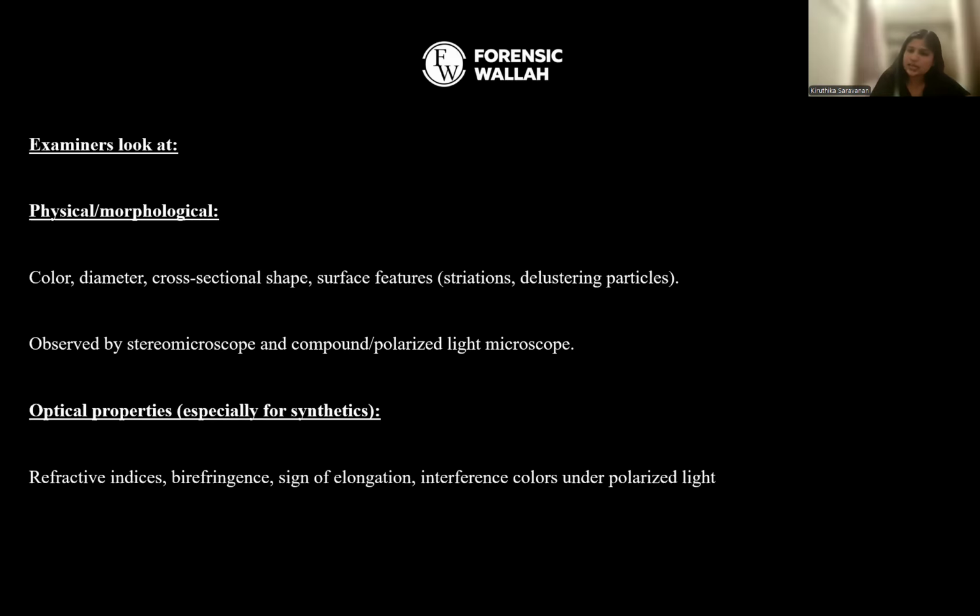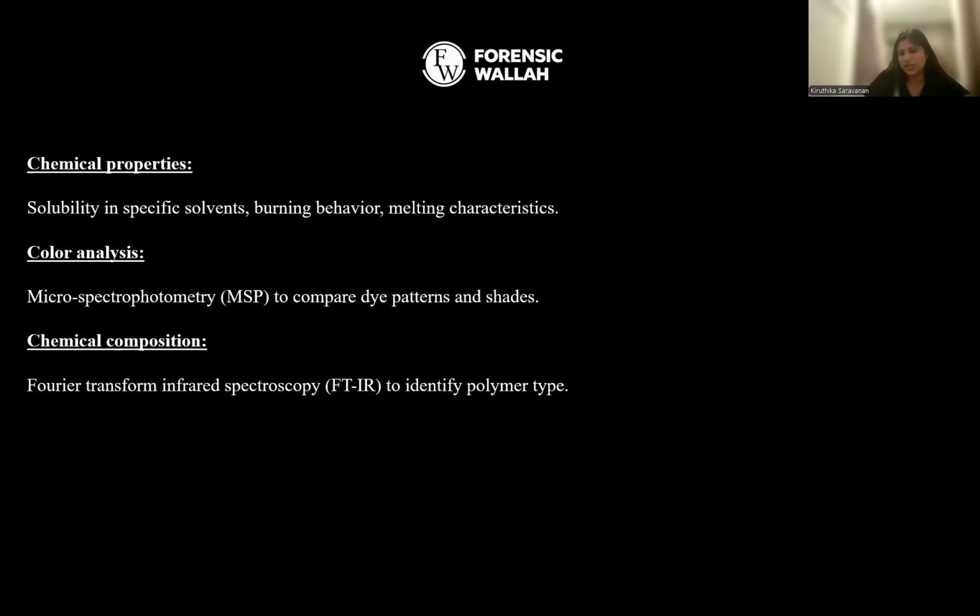If the longitudinal refractive index is greater, that is a positive sign of elongation. If the transverse refractive index is greater, that is a negative sign of elongation. And then you have interference of color, basically how the colors interfere under polarized light. So these are all the important properties.